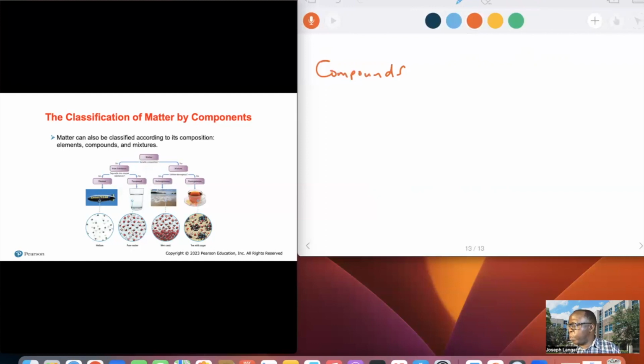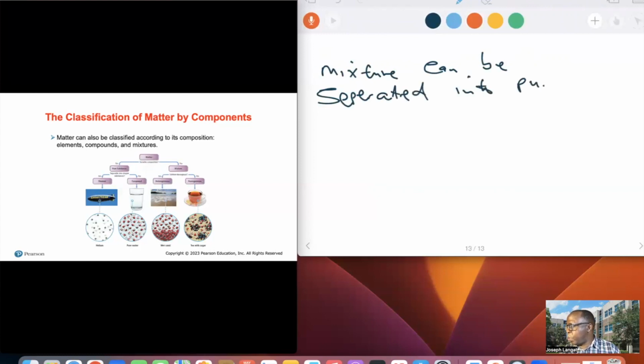But before we go there, mixtures. Mixtures can be separated into pure substances by physical means.